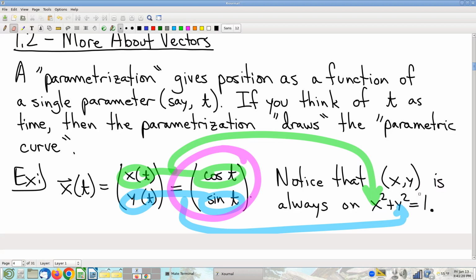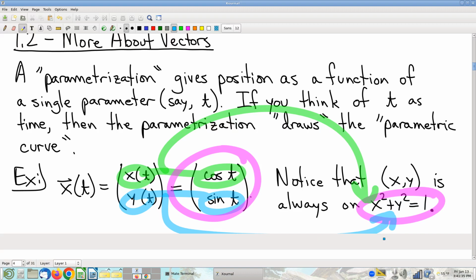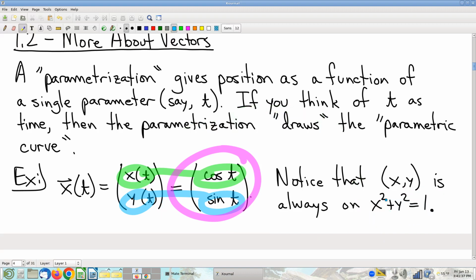Now, there is a natural question to ask here, which is, where did this come from? What made me dream that up? What made me think to try plugging x and y into that specific equation? I'm going to call it experience, but roughly speaking, I looked at it and saw, okay, I've got cosine t and sine t.